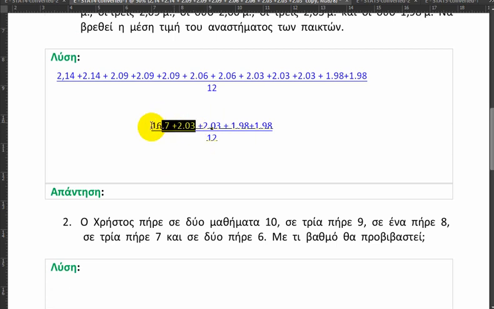Plus 2.03 makes 18.73. Plus 2.03 makes 20.76. Plus 1.98 is going to give us 22.74. 22.74 plus 1.98 is going to give us 24.72.